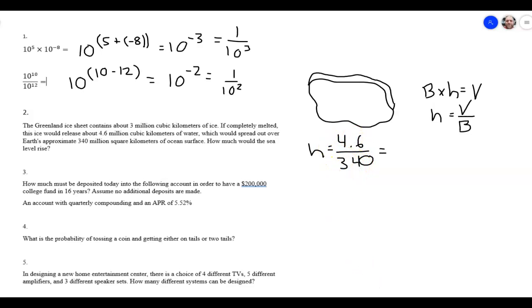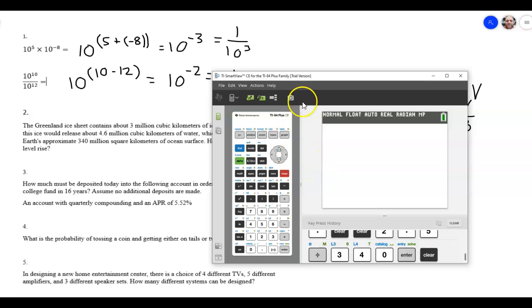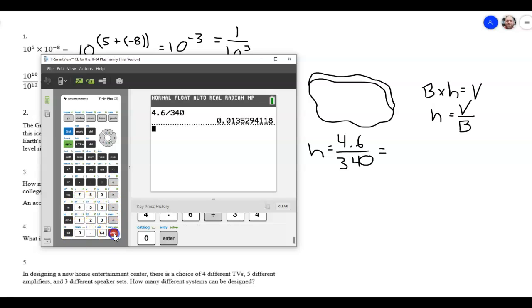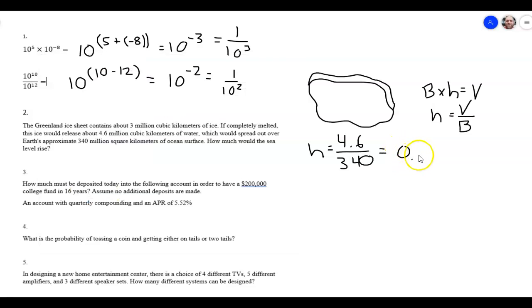And then all we're going to do is divide. 4.6 divided by 340. And if we go out to 3 decimal places, that's 0.014. The 3 goes up to a 4 because the number to the right of it is 5 or higher. So this is 0.014.